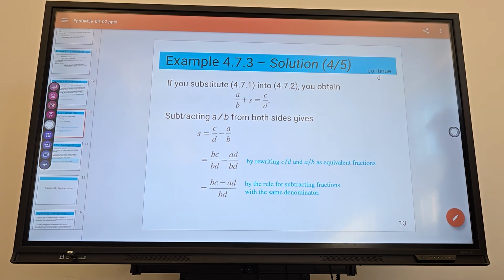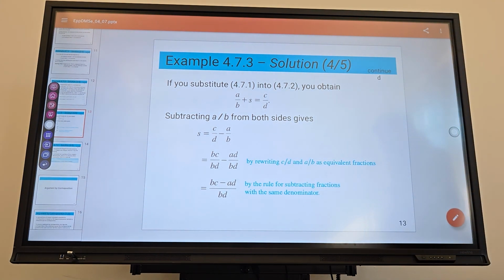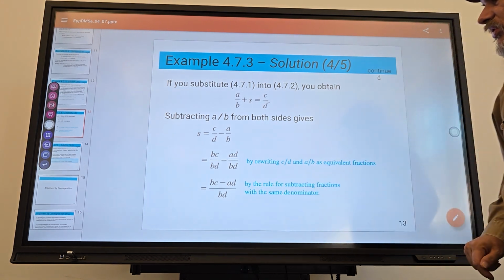Subtract a over b from both sides, give them common denominators, and then subtract. You are left with this.